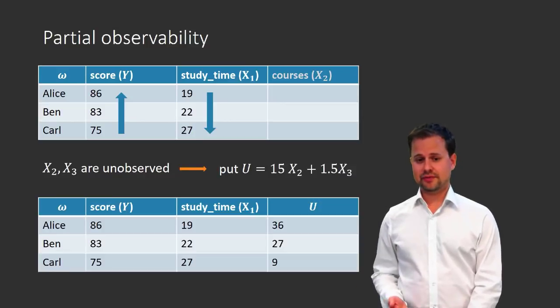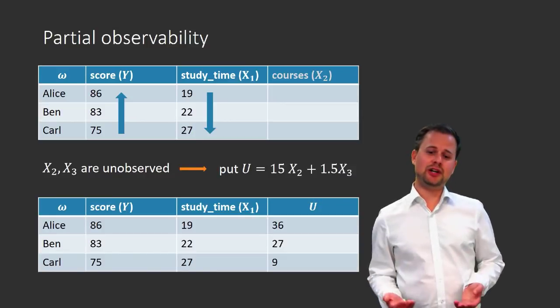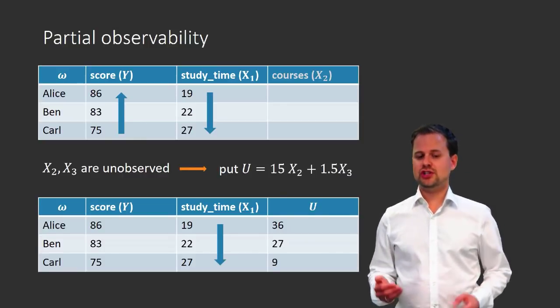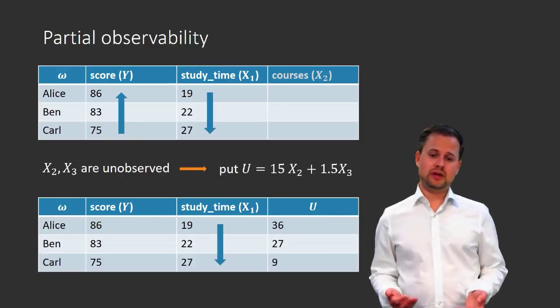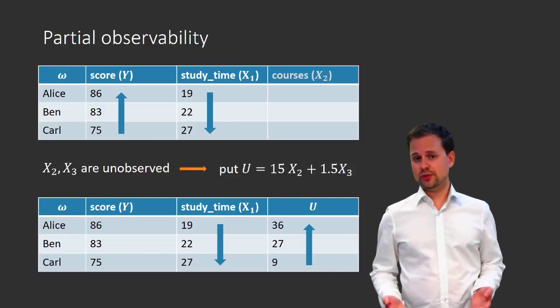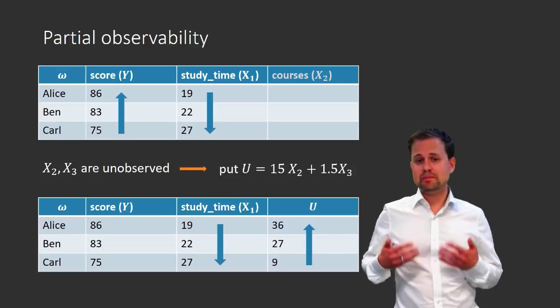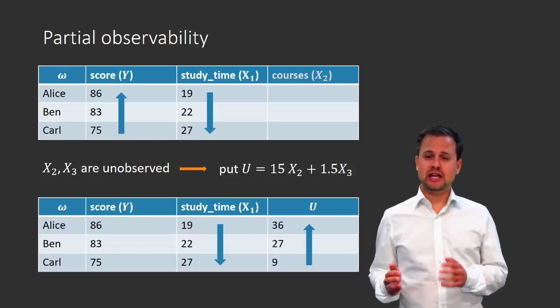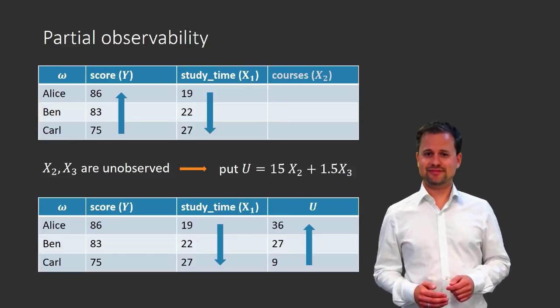So we can compute u for everyone, and now it turns out that the more a student studies, the lower is their u. And this kind of systematic relationship between a regressor and the unobserved component is what causes problems.